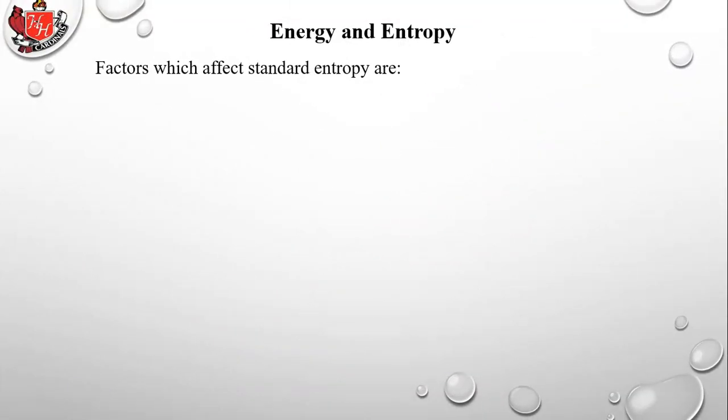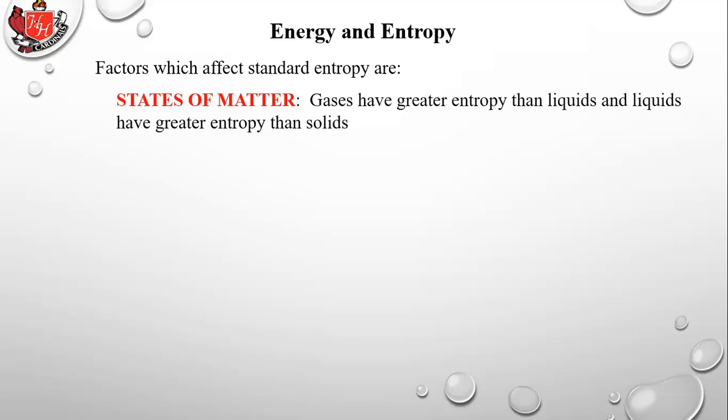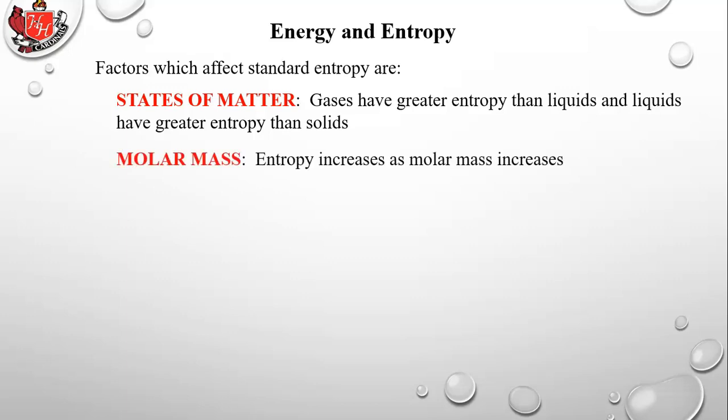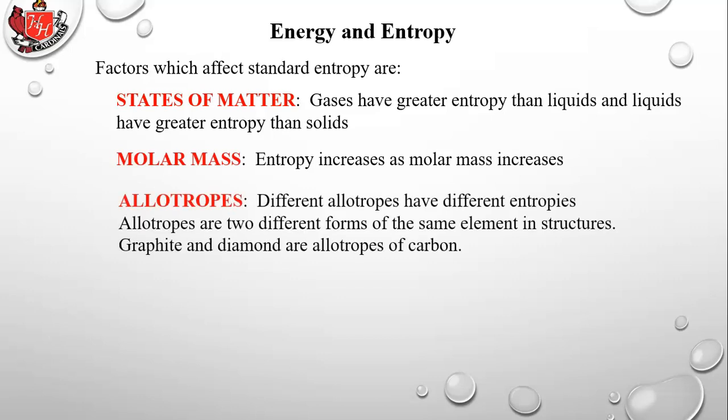Factors which affect standard entropy are the states of matter. Gases have greater entropy than liquids, and liquids have greater entropy than solids. Molar mass: entropy increases as molar mass increases. Allotropes: different allotropes have different entropies. Allotropes are two different forms of the same element in different structures.